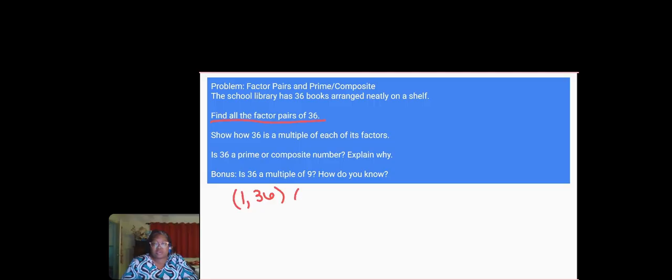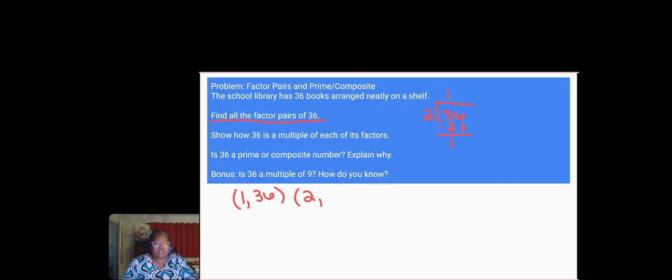So let's think about 2. Another clue: every single even number has a factor of 2. That's going to help us as well. If we look at 36 divided by 2, this is another way to figure out the factor pairs when we do division. 2 goes into 3 one time. 1 times 2 is 2. 3 minus 2 is 1.